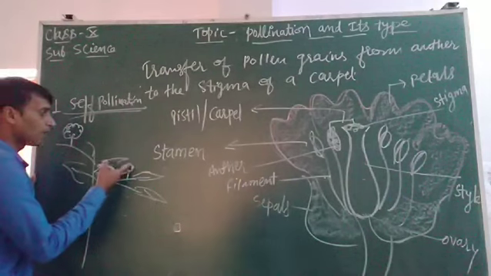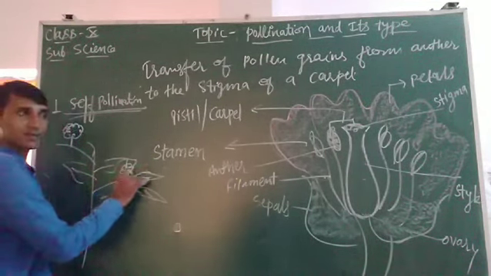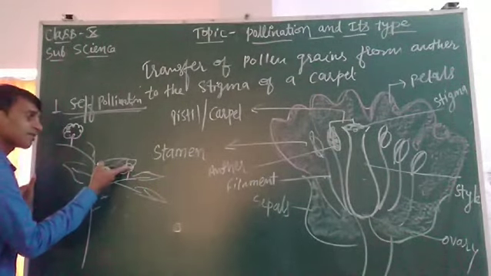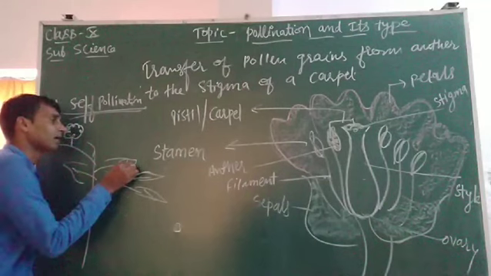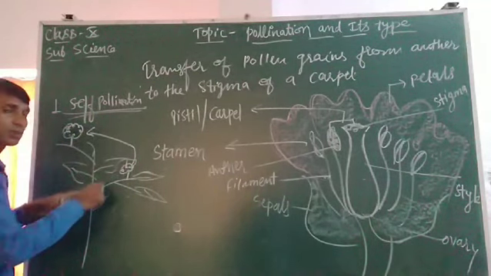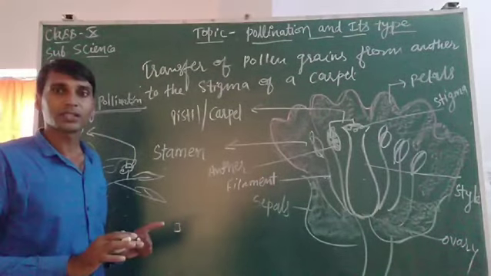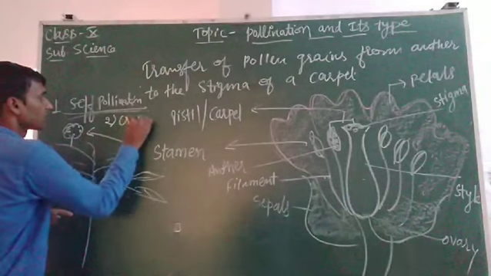So transfer of pollen grains from the anther to the stigma in the same flower, or in different flowers of the same plant, we call self pollination.